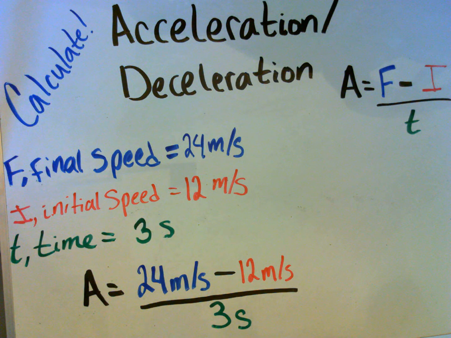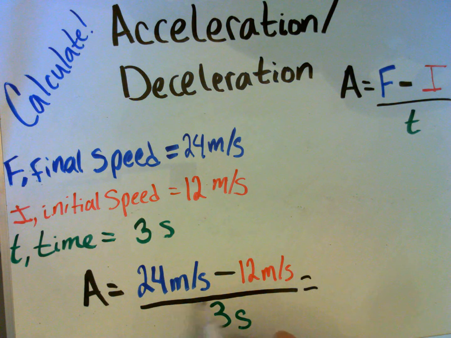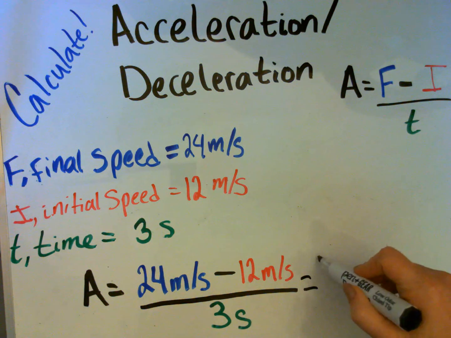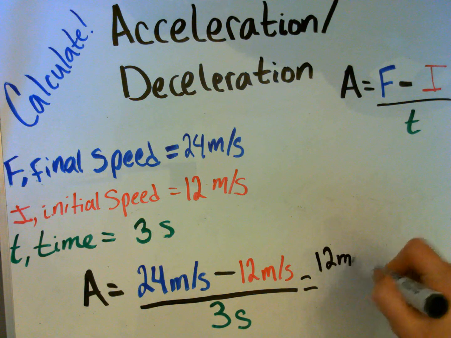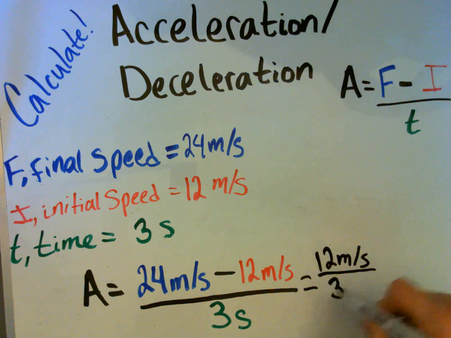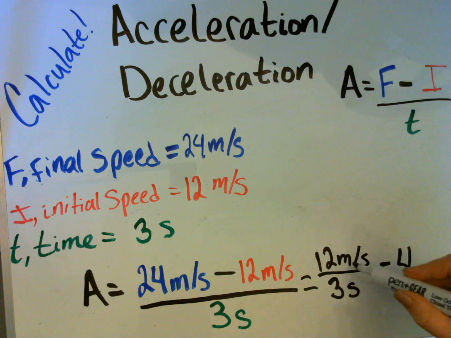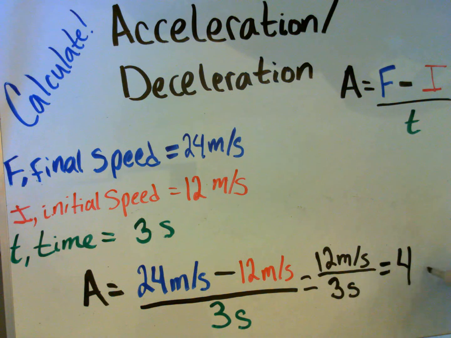All right, so you're back. How'd you do this time? Is practice making it a little bit easier? Were you able to say that 24 meters per second minus 12 meters per second is 12 meters per second, all divided by 3 seconds, and then simplify that? 12 divided by 3 is 4, and 4 meters per second over seconds is meters per second squared.